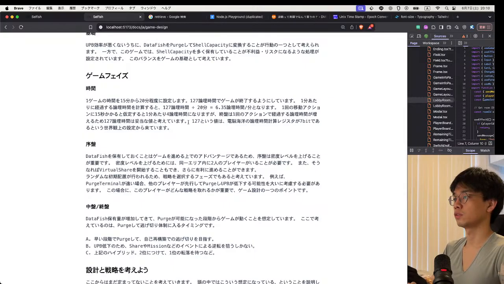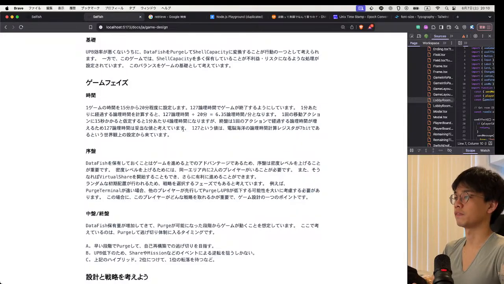And also I'm talking about background settings. The 127 comes from the value of the register for the logical time counter in CyberOcean.